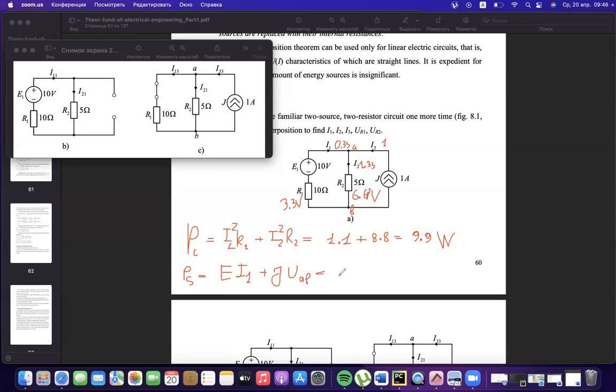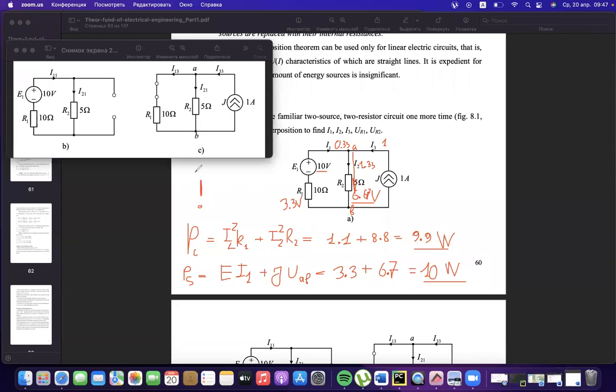Electromotive 10 multiply on current, you have 3.3 watts, 0.33 multiply on 10. And for current, you multiply 1 ampere on the voltage. Voltage equals 6.6 or 6.7 volts. And as you see in total, you also have 10 watts of consumption. Then you see the power balance and see that also our solution is correct.